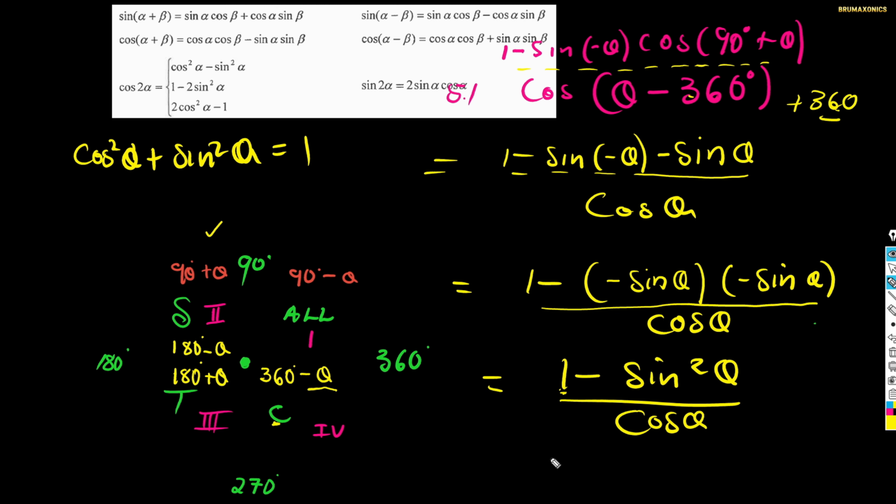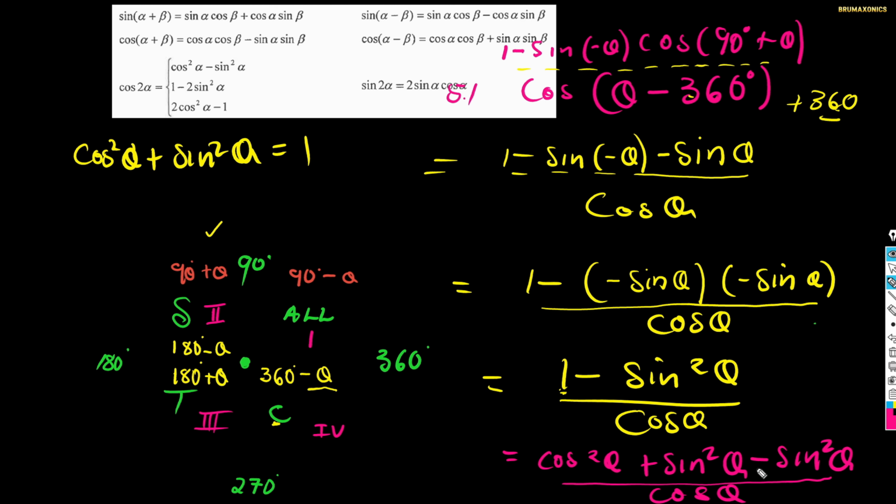So that will be, let me change the color. I don't have enough space, however this will be cos squared of theta plus sine squared theta minus sine squared theta, and we now know that this one will cancel the other one, which is good for us, and then we'll be left with cos squared theta divided by cos, and that will definitely be equal to cos theta.